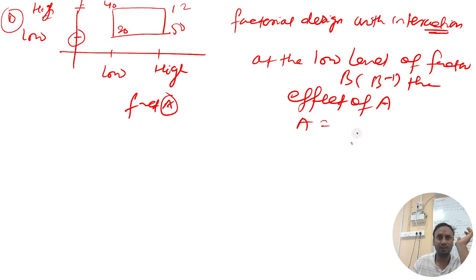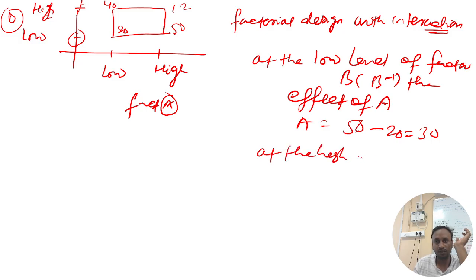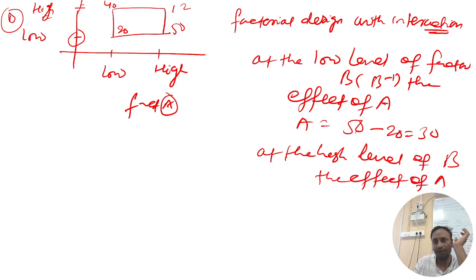It's 50 minus 20. It became 30. Then at the high level of B, what will be the effect of A? It's 12 minus 40. What will be there? 28. Is it?